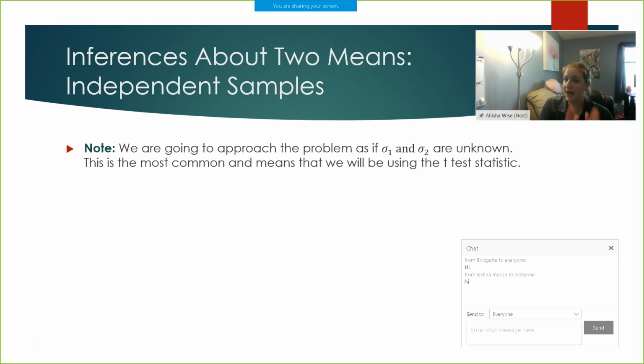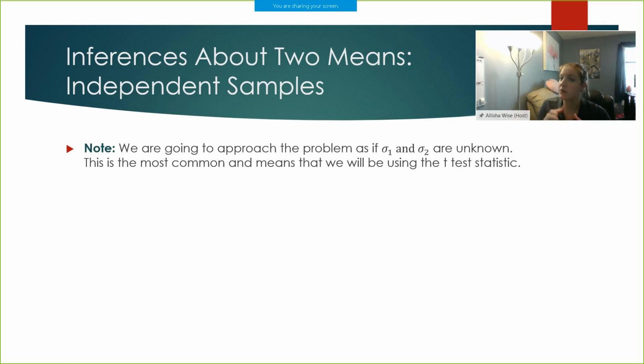So for independent samples, we're going to look at the two samples and try to infer about their two means. So we're going to concentrate on the population mean and try to draw a conclusion about the mean. So note, we are going to approach the problems as if sigma 1 and sigma 2 are unknown.